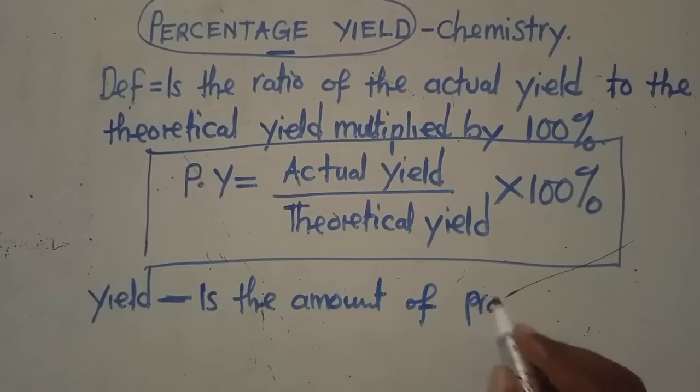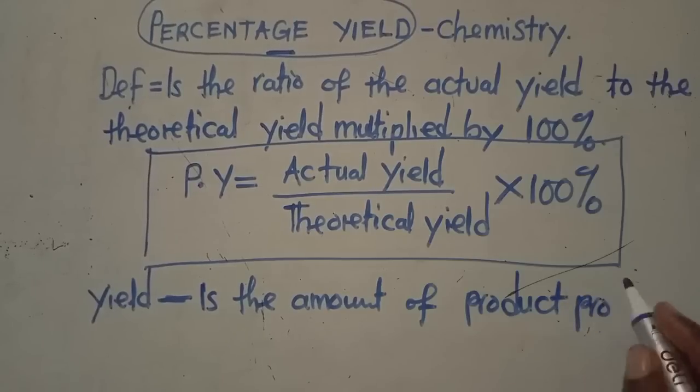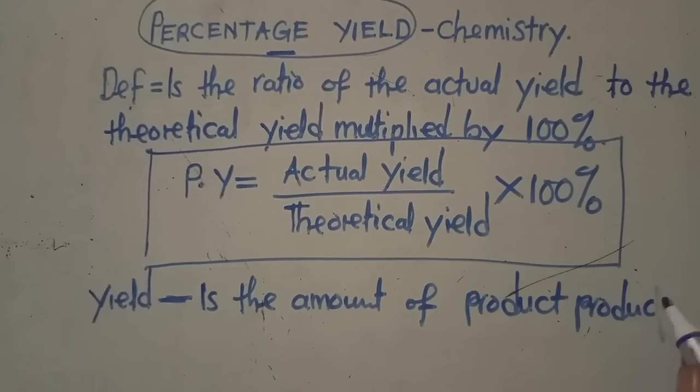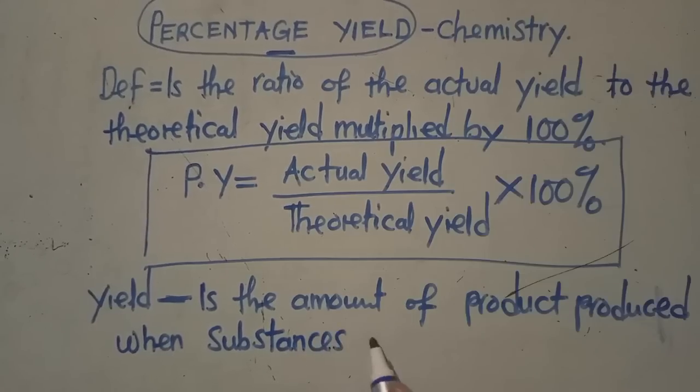A yield is just the amount of product produced when substances react.